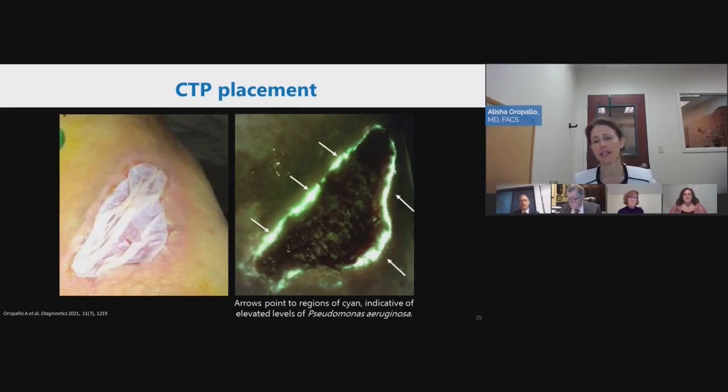That's the cyan, and that's indicative at the edges of the wound of Pseudomonas aeruginosa. So this is a great example of the cyan color as it appears on the fluorescent images, and this is what you don't want to see when you want to put a cellular tissue-based product on. So I knew at that point just to hold off on that application.